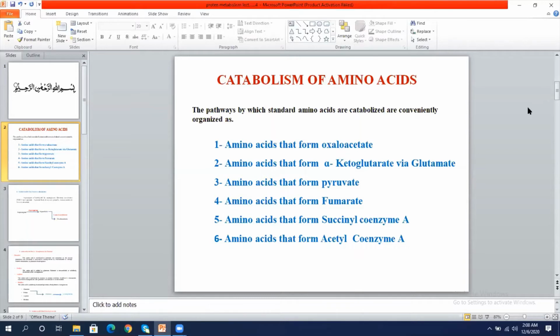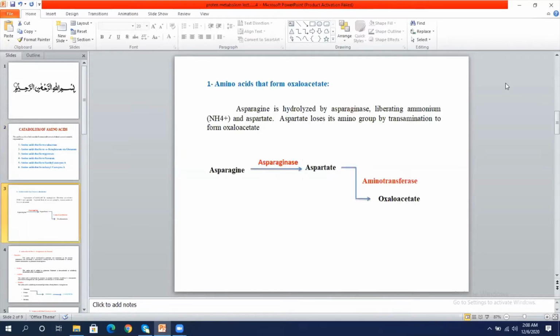And in the sixth way, amino acids by the action of different biological catalysts form acetyl coenzyme A. Now we will discuss each way separately.